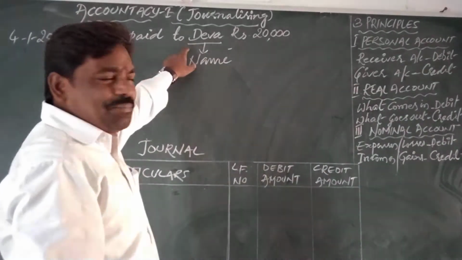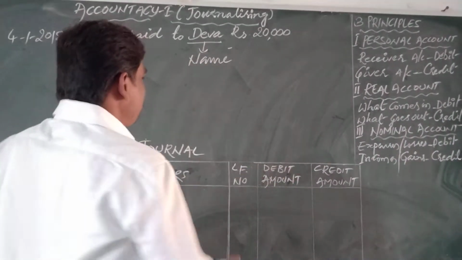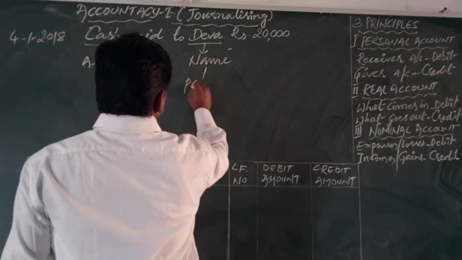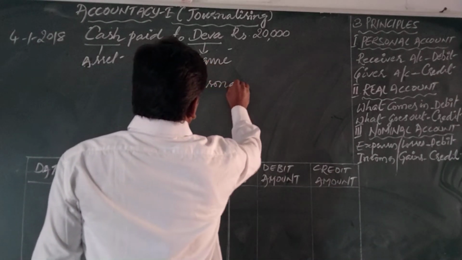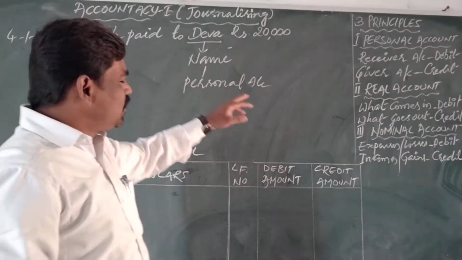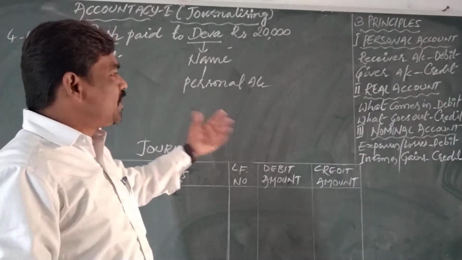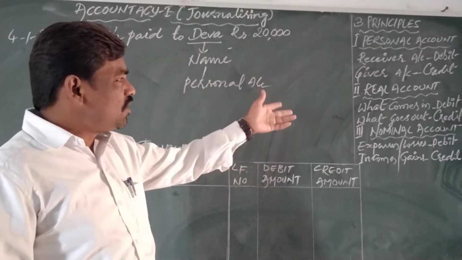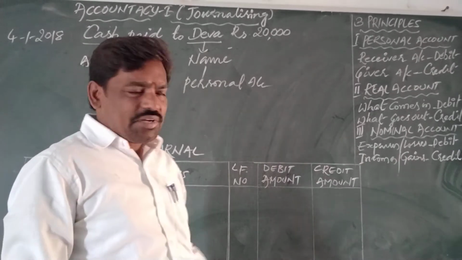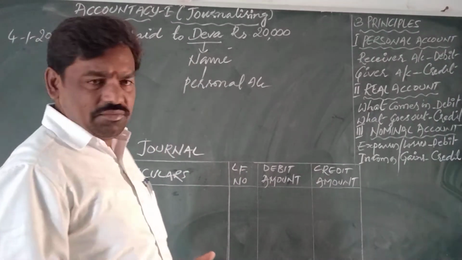Deva is the name of a person, so it comes under personal account. What does the personal account principle say? Receiver account debit and giver account credit. That is the principle of personal account.